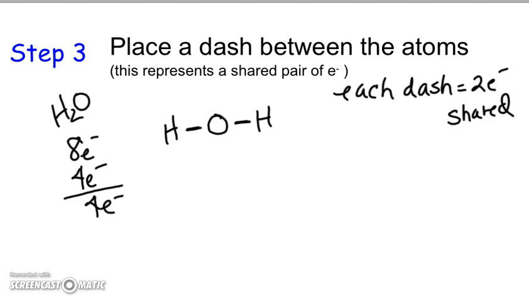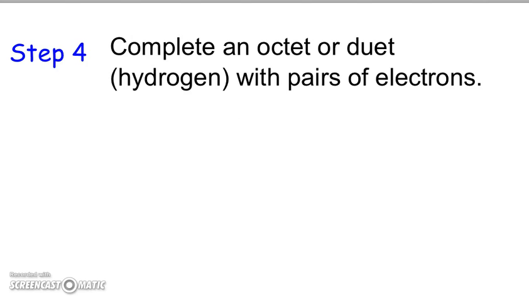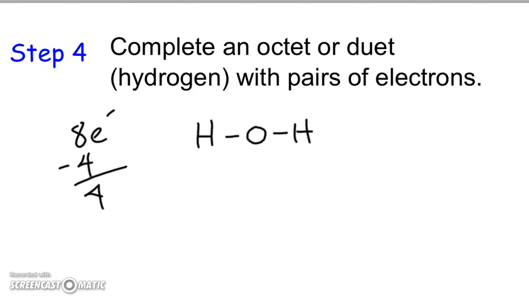So step 4 will be: remember here we had 8 electrons, I used 4, I have 4 left over. Complete an octet or a duet with pairs of electrons. In this slide, only oxygen needs more electrons. It needs 8 in order to be stable.